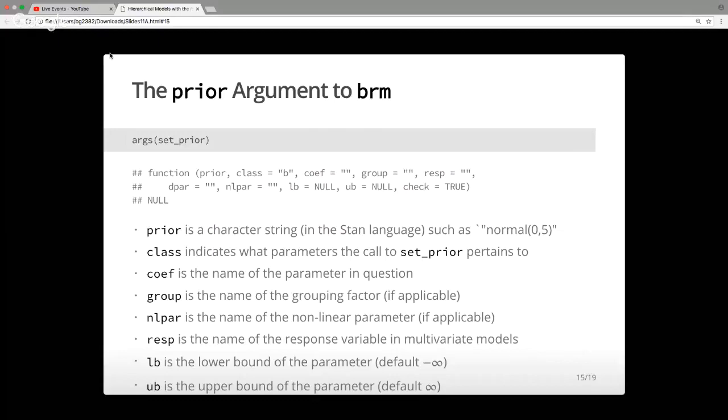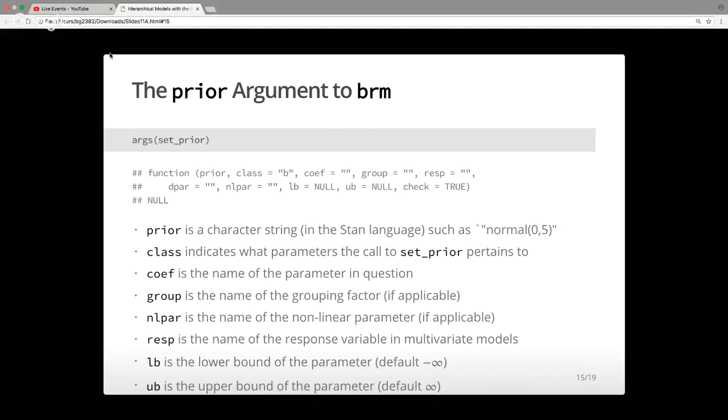The next argument, if you specify it, indicates the class of parameters that the prior character string applies to. So if you do b, that means this pertains to all the regression coefficients. But you can modify that more by specifying some of the other parameters.